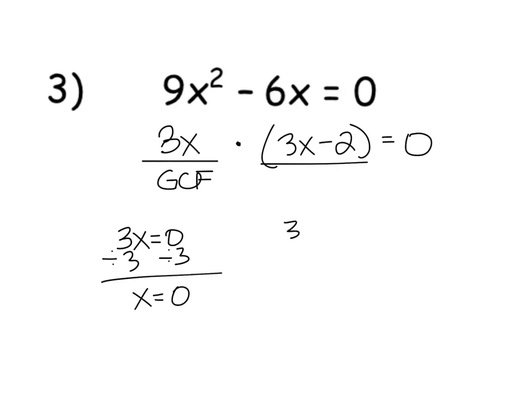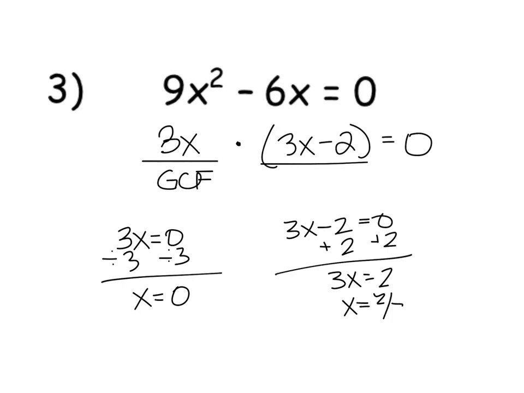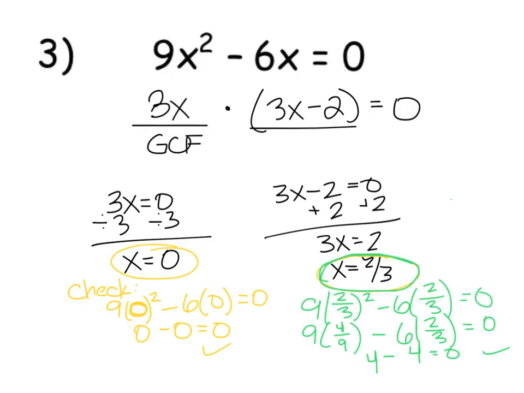And if I set 3x - 2 equal to 0, I get 3x = 2, so x is 2/3, dividing both sides by 3. So my two solutions here are x = 0 and x = 2/3, and I can now plug them back in and make sure that they make my equation true. Checking both of those x values, 0 and 2/3 do make both of these equations true. So we found our solutions.